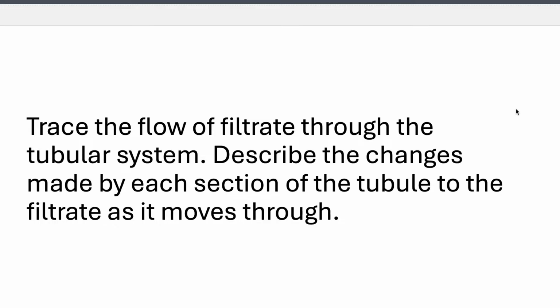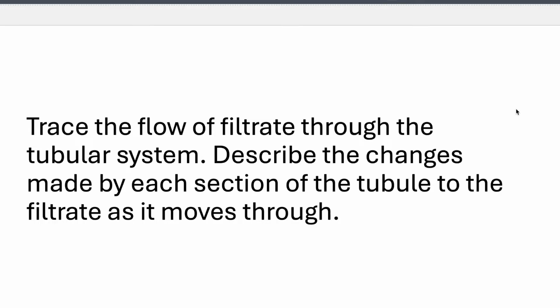Then we get to the distal convoluted tubule, where we're going to do much of the same, except we're going to secrete hydrogen ions, ammonia, potassium, and drugs. And the collecting tubule is actually dependent on hormones like aldosterone, which will increase the reabsorption of sodium and chloride. And the parathyroid hormone is going to increase the reabsorption of calcium.